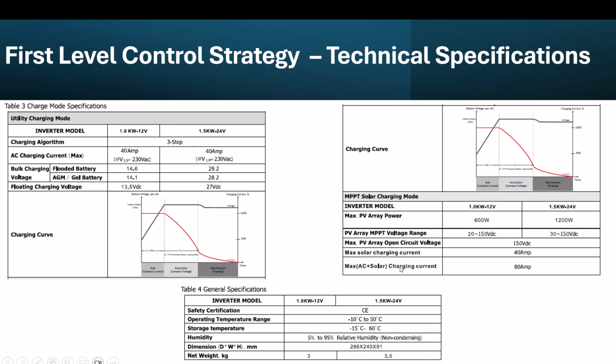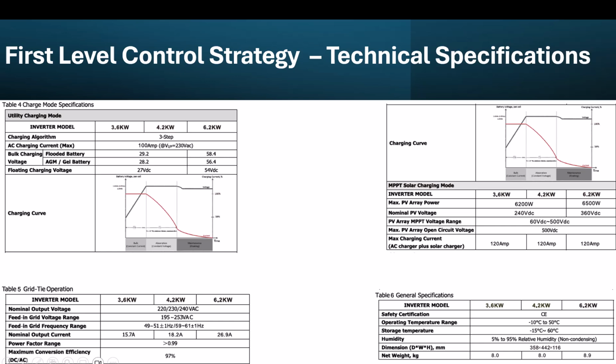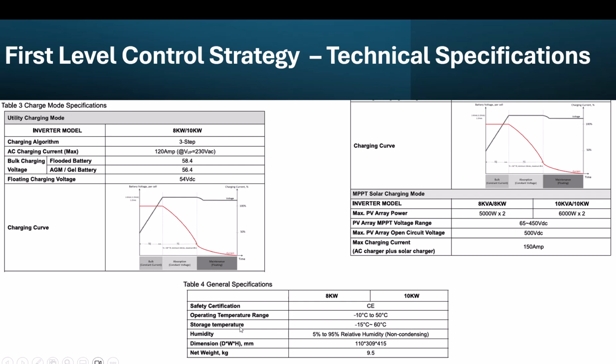One thing that is also there, you've got the general specification, which gives you, for example, the safety certification, which is according to CE marking. If we look at the other ones, it's also CE marking. We look at this one, it's also CE marking.